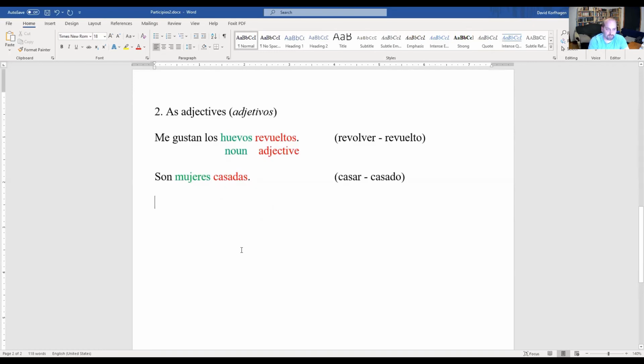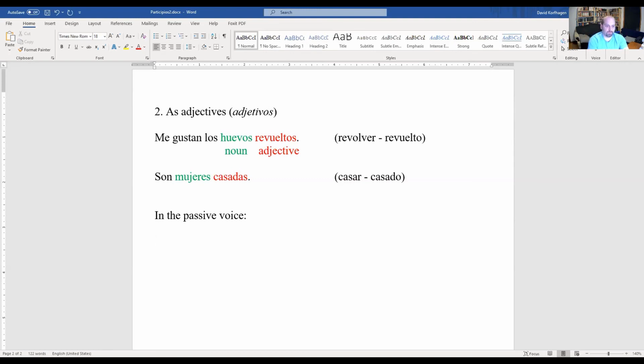And then the other case would be the passive voice. I'm going to do another video about the passive voice in general, but let's look at it real quick. I'll talk more about the purpose of the passive voice and how it is formed, with more details in another video.